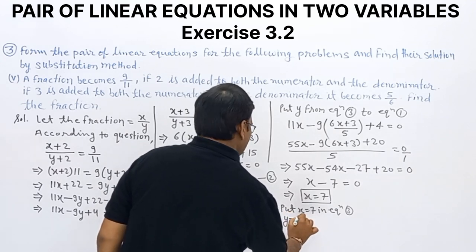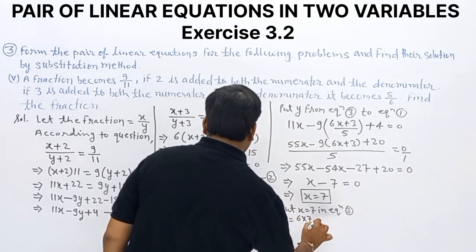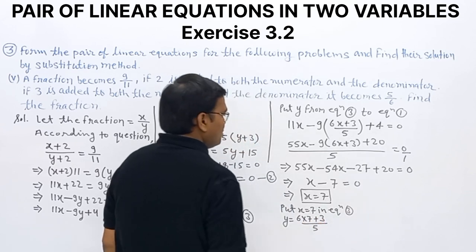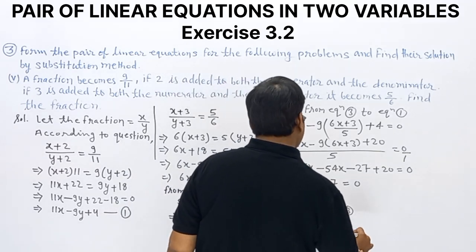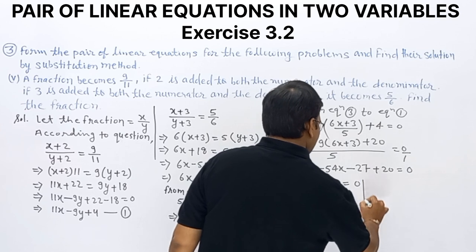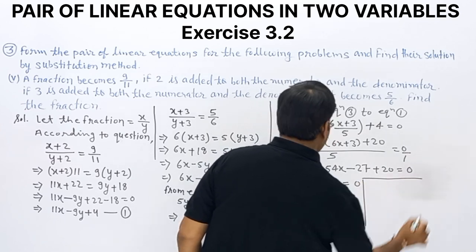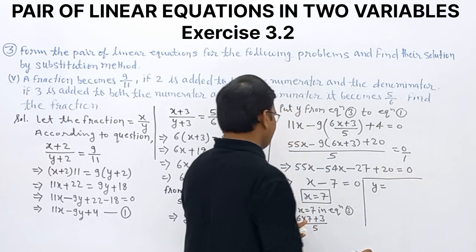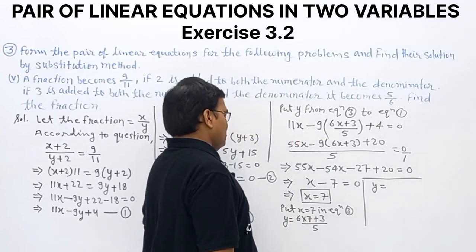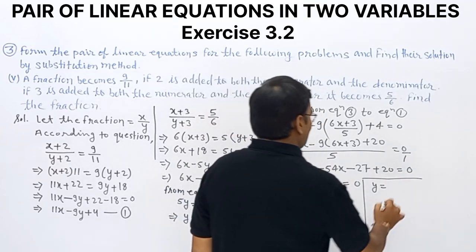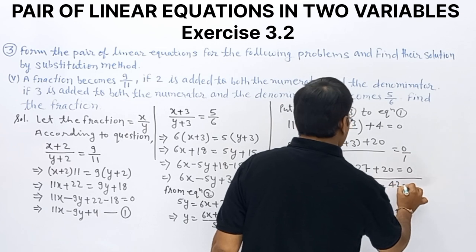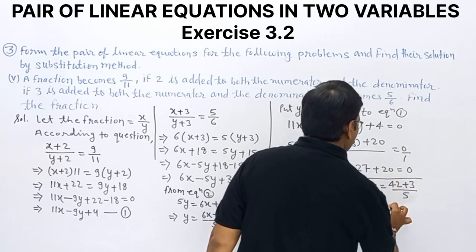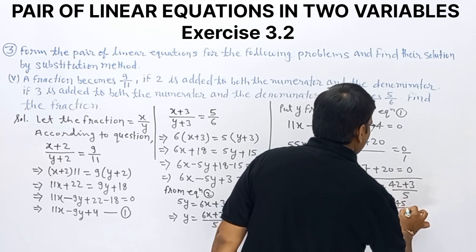y equal to (6 into 7 plus 3) divided by 5. Solve this one. I am writing at this place. y can be written as y equal to 7 times 6 is 42, plus 3, divided by 5. y will be 45 divided by 5.